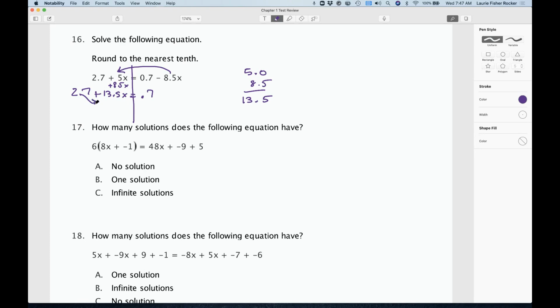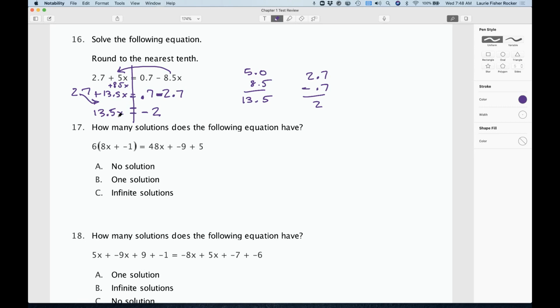So now I'm going to move this way, so minus 2.7. So I'm going to subtract, so 2.7 minus 0.7 is just going to be 2. Okay, but the negative was bigger, so it's going to be negative 2.